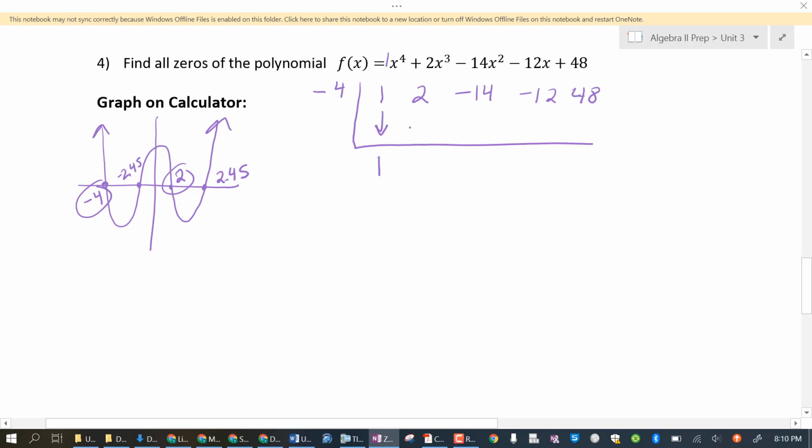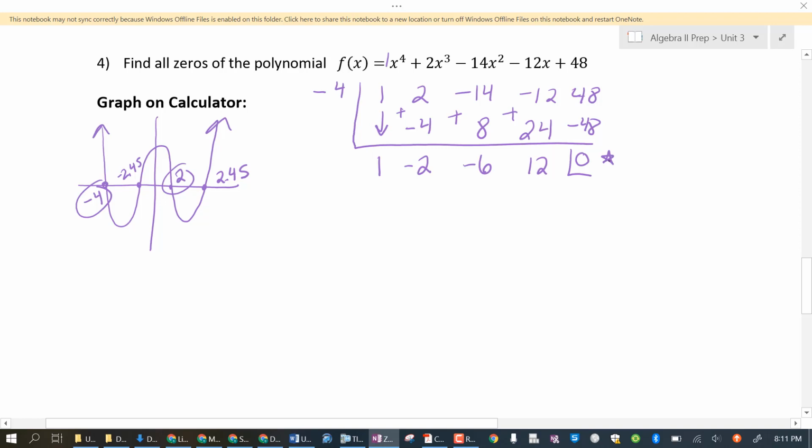Negative 4 times 1 is negative 4. Add to get negative 2. Negative 4 times negative 2 is 8. Add to get negative 6. Negative 4 times negative 6 is positive 24. So when I add those together, I'll get 12. Negative 4 times 12 is negative 48. So I'll get a remainder of 0. We always want to make sure we get a remainder of 0.